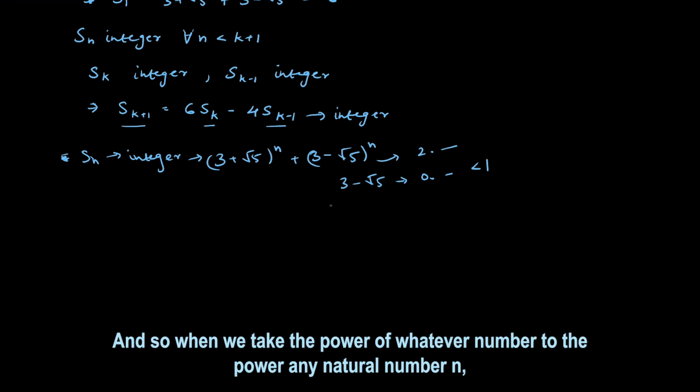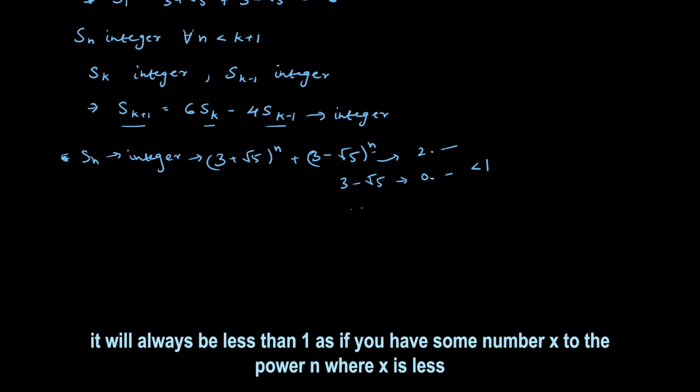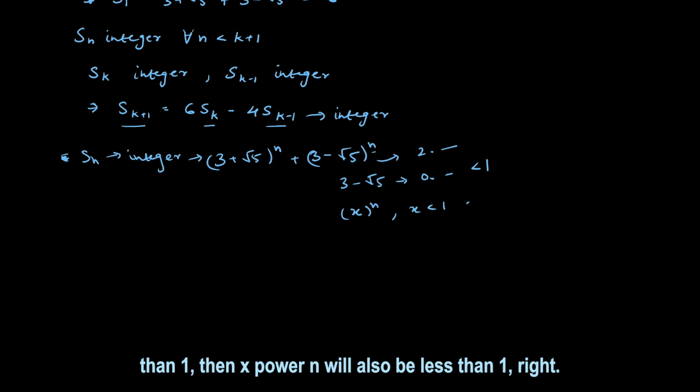And so when we take the power of that number to any natural number n, it will always be less than 1, as if you have some number x to the power n, where x is less than 1, then x power n will also be less than 1, right?